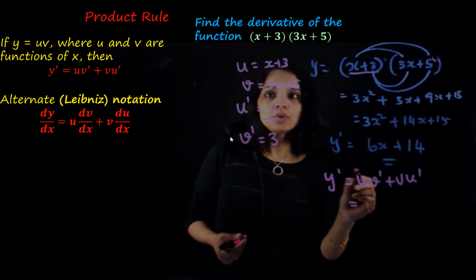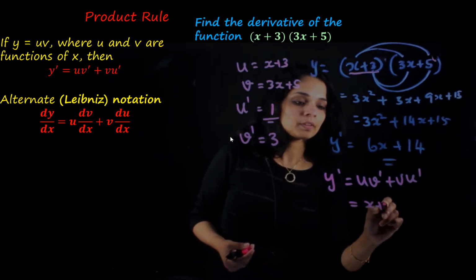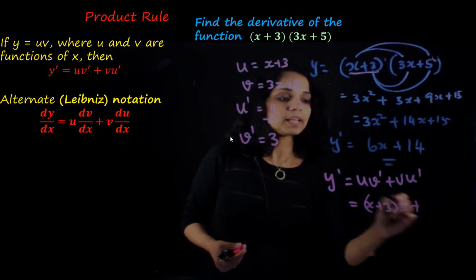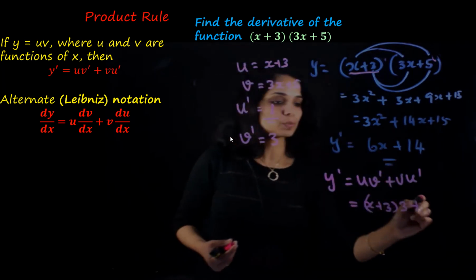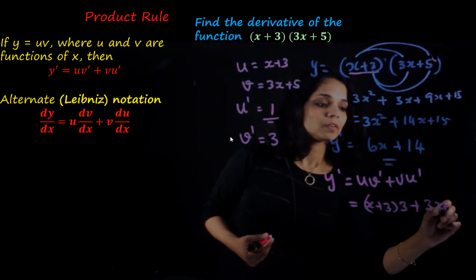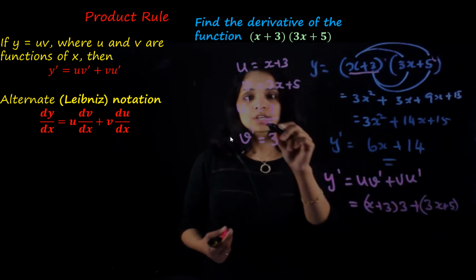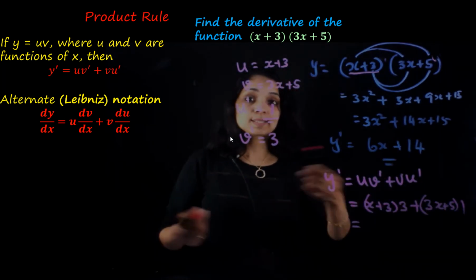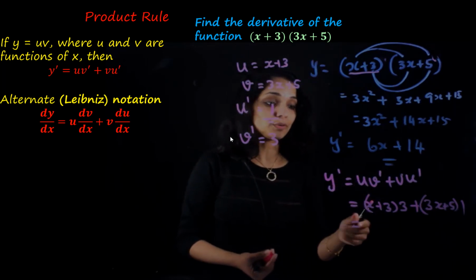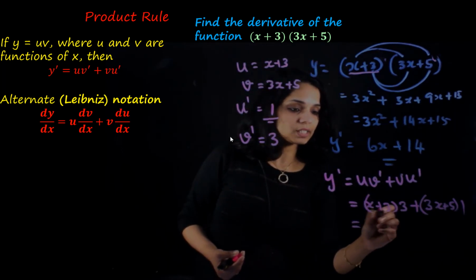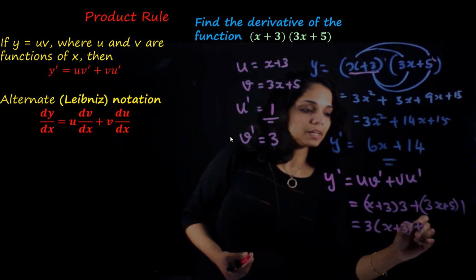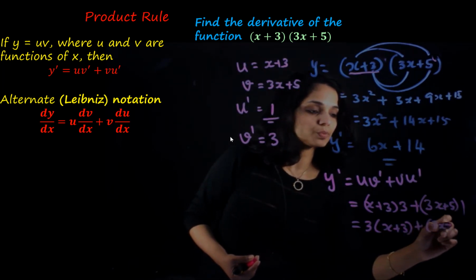So now u is x plus 3 and v dash is 3, plus v is 3x plus 5 and u dash is 1. You can simplify this if you want. So it's 3 times x plus 3, plus 3x plus 5.